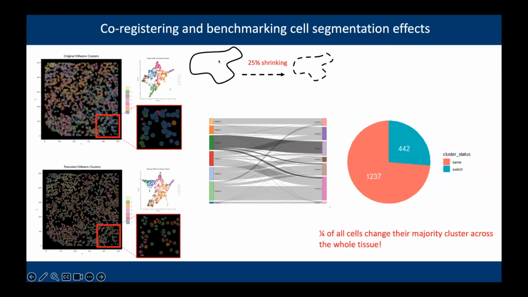Yeah, so we do a very simple shrinking. So you go from, this is one cell, for example, maybe I should have explained this better. And then we simply shrink it, in a maybe simplistic manner of thinking, to get rid of the edge effects, which have been shown to be a problem in these types of technologies. So we have the same number of cells in one and the other one. The other one is just slightly different in terms of area size.